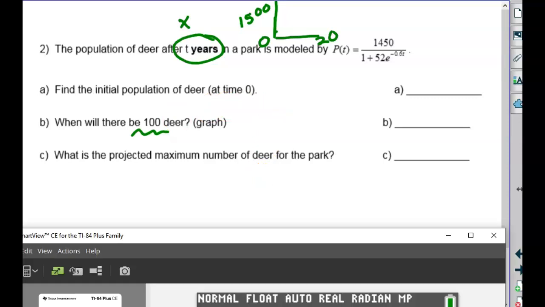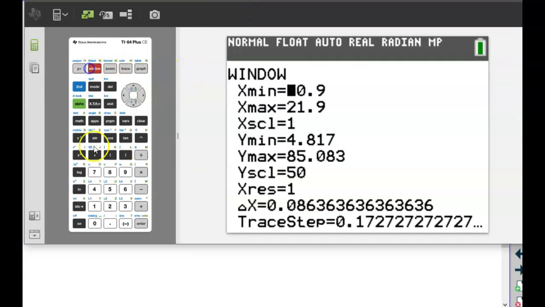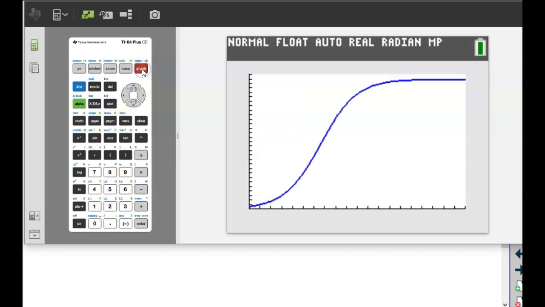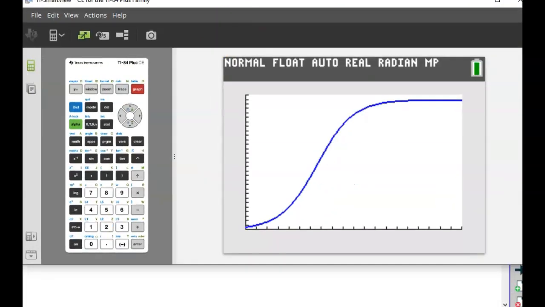So if we put in window 0 to 20, and 0 to 1500. I'm not going to give a rip about my scale here. And I graph. Oh, that looks pretty good. Good window.